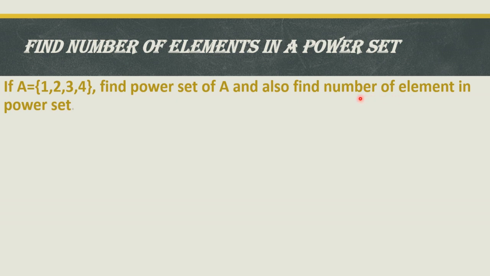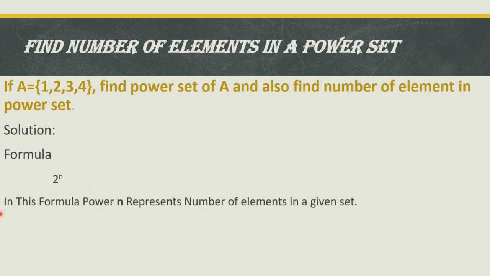For this purpose we use the formula 2^n. In this formula, power n represents the number of elements in a given set.